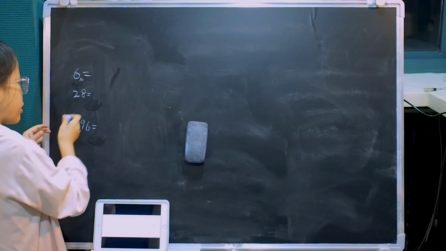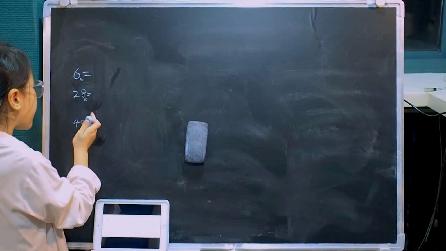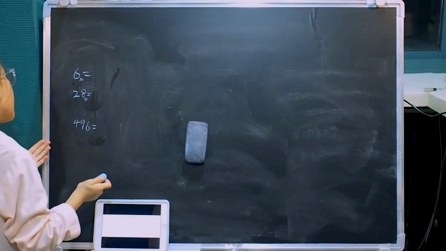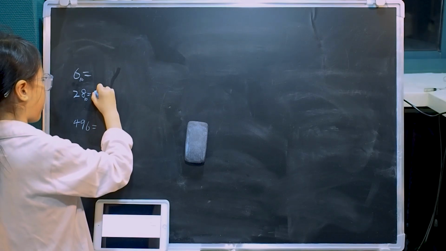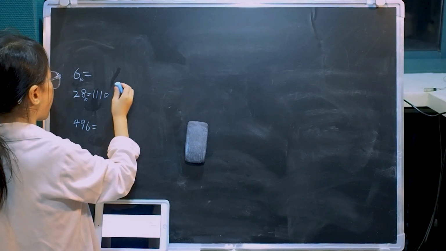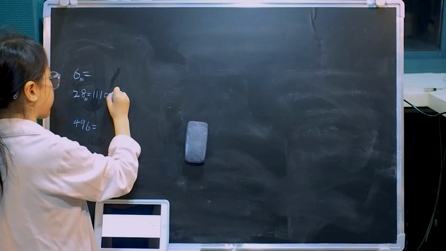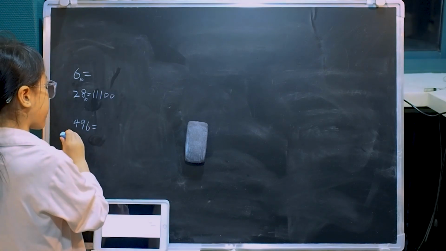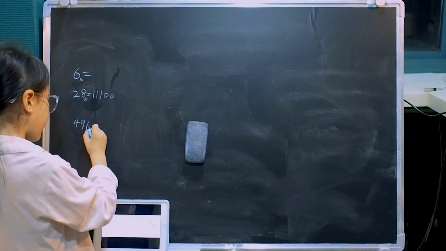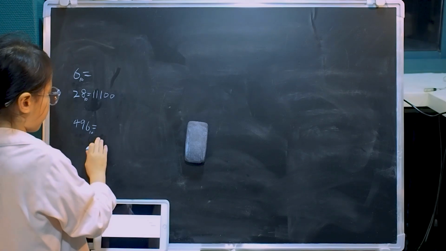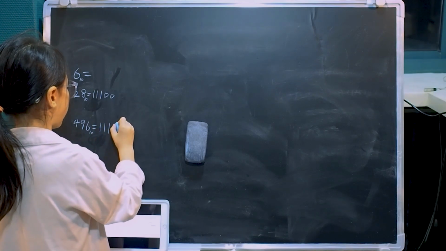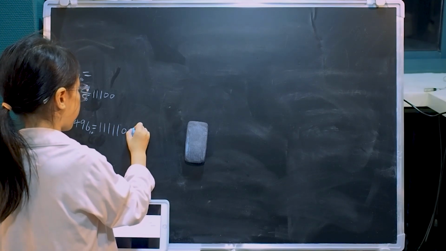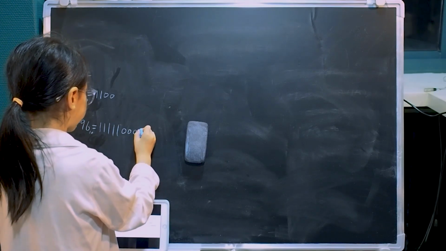And 28 written in binary, you see 11100. And when 496 is written in binary, you'll find out it is 111110000. Okay.